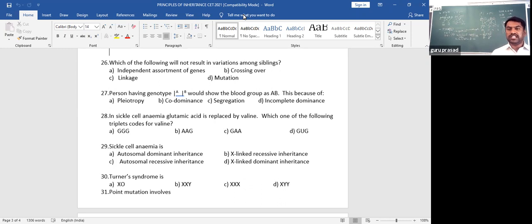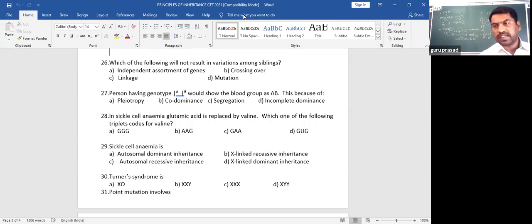Instead of GAG, a mutation happens to GUG, which leads to a great disorder called sickle cell anemia. Sickle cell anemia is an autosomal recessive inheritance. So these are all direct questions, and need not require more time for explanation.